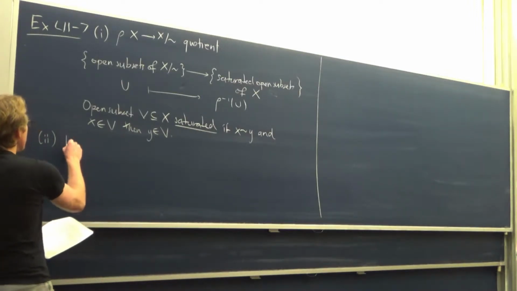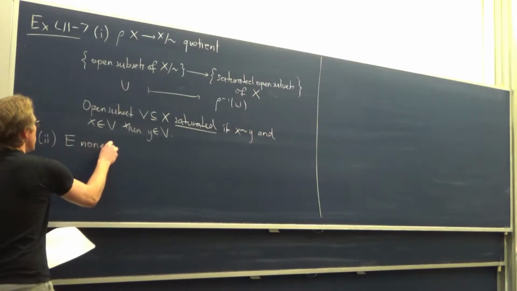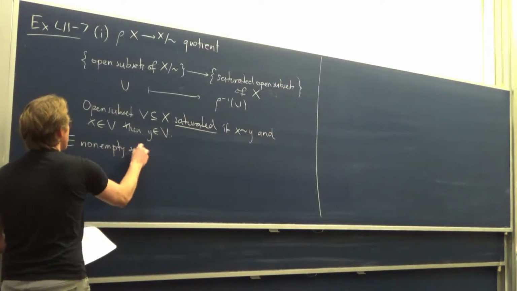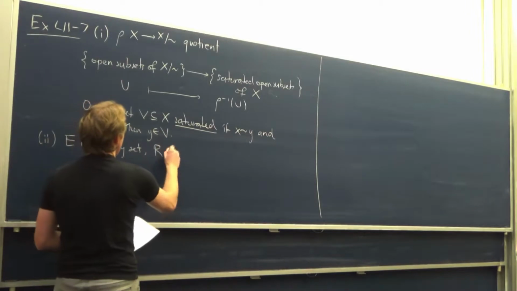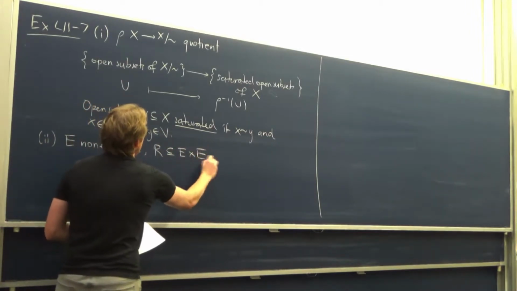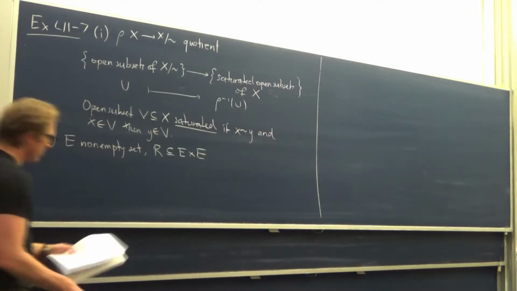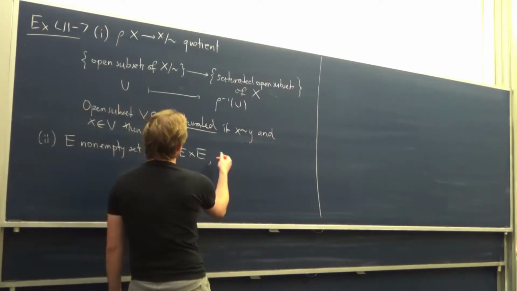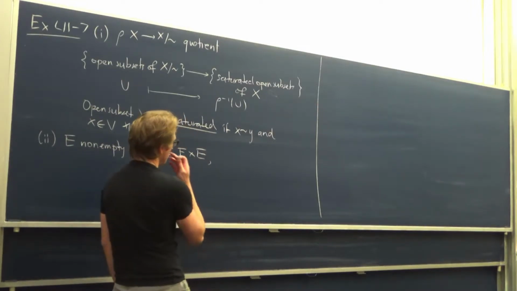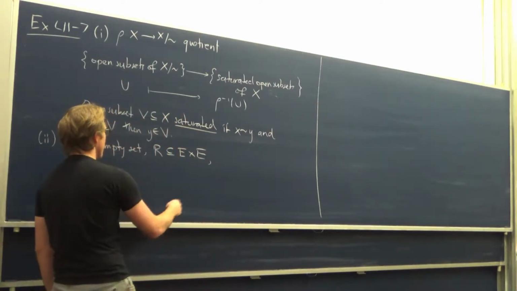Okay, secondly, I've said out loud what the equivalence relation generated by a set of pairs is. So a relation is just a subset of a Cartesian product of a set with itself. Let's suppose it's non-empty. So the equivalence relation generated, well, maybe I'll just describe it.